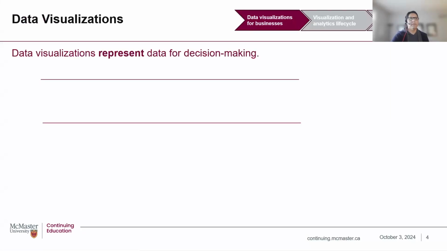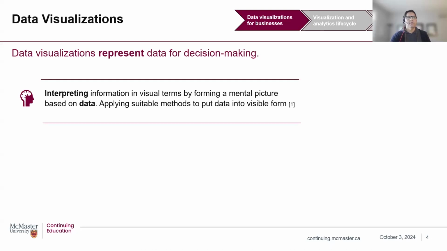What do we mean by that? What we mean by visualization for businesses is that we present data for decision making. And what do we mean by data visualization? It is essentially showing data in visual terms that presents a mental picture based on data. And we use a number of techniques to put that into a final product.